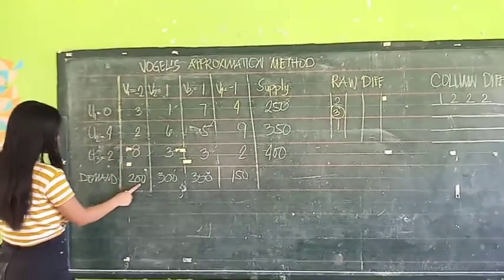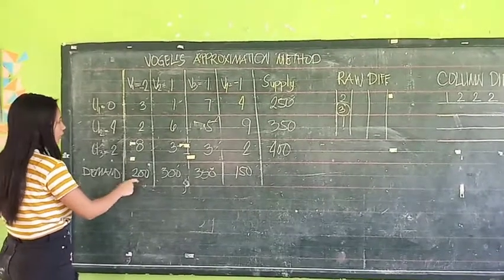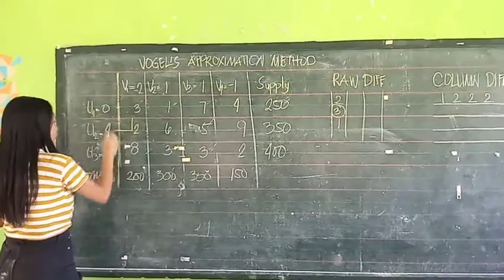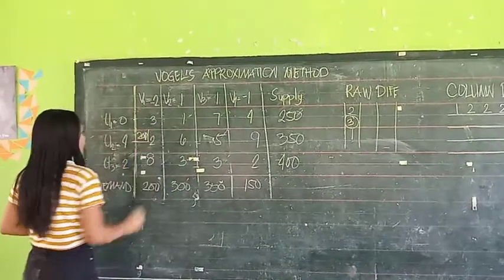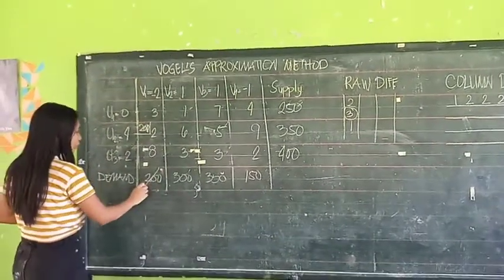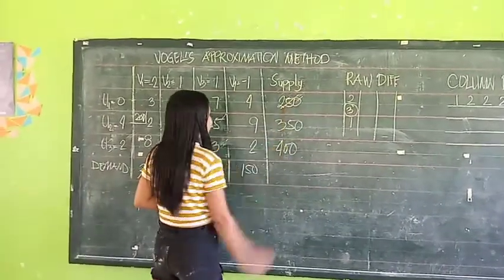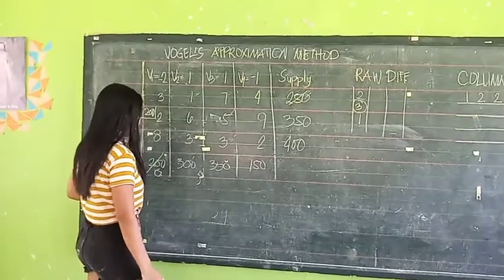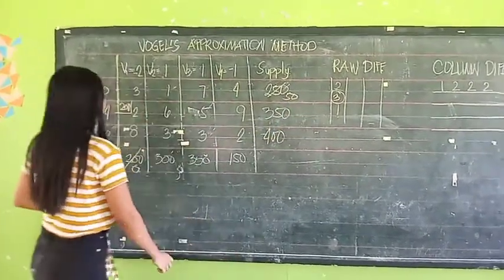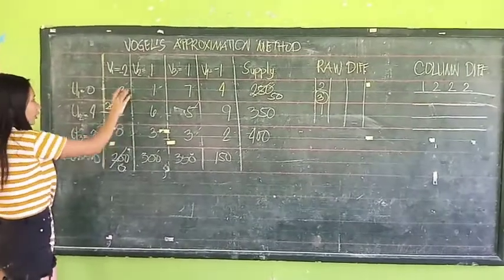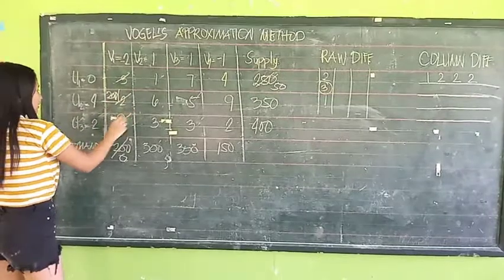Since the 200 is less than the supply, the 200 will be put here, and 1 cancel. 250 minus 200 will be 50. Since both are satisfied, we need to cancel this area.